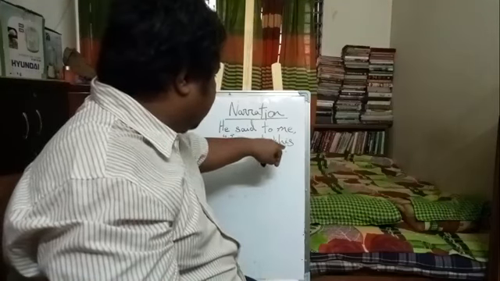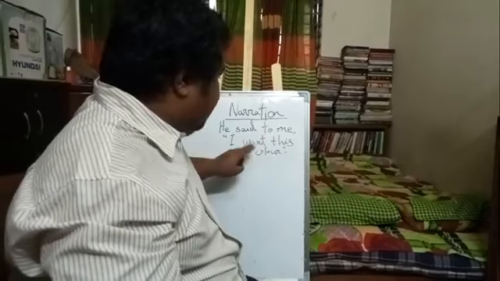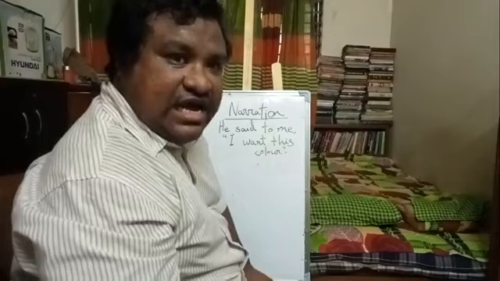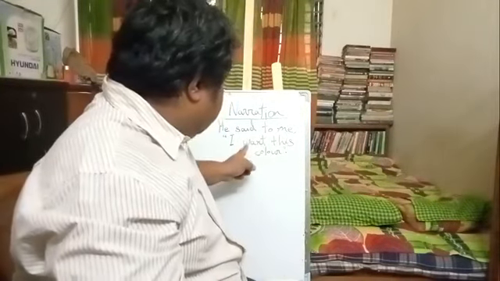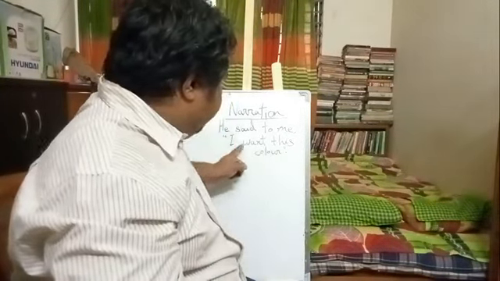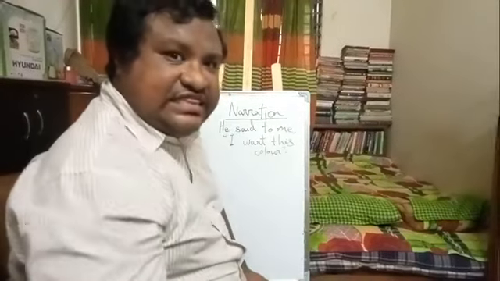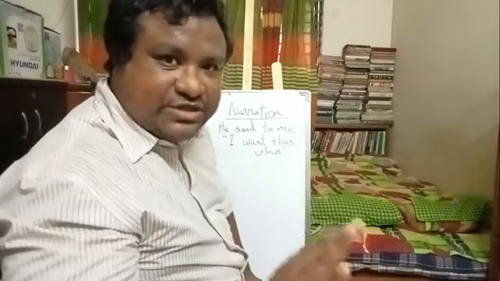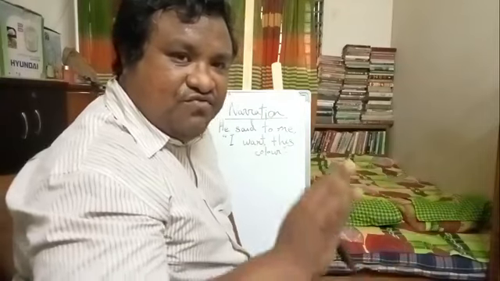I want this color. He said to me, I want this color. So here, this said to is the reporting verb, while this want and along with this whole sentence, this is the reported speech.